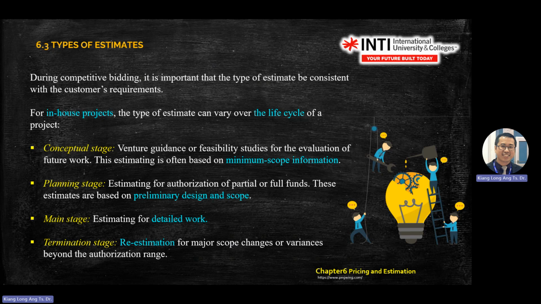If the question asks you, for an in-house project, elaborate or discuss the type of estimate that varies over the life cycle of a project, you write these 4 answers. Conceptual stage, what happened? Planning stage, what happened? Main stage, what happened? Termination stage, what happened?